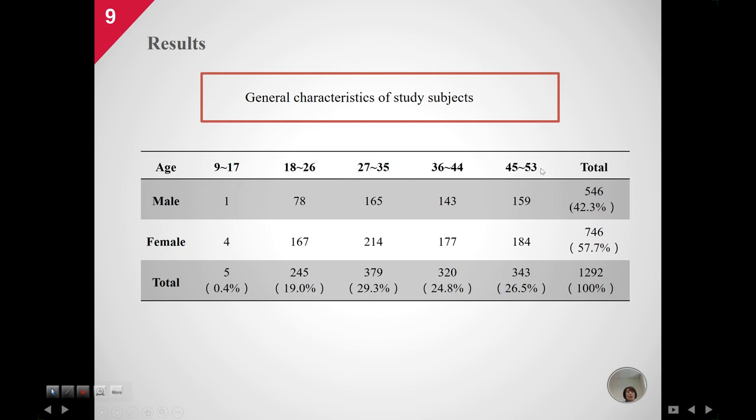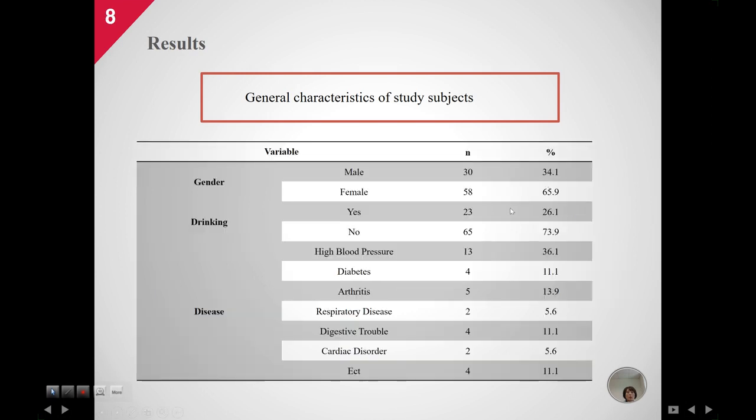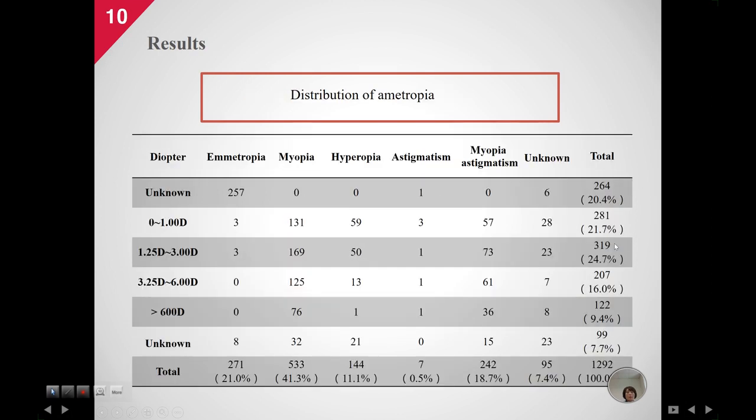So we classified them into 5 groups. Maybe I think this is a little bit wrong in the text sections. Sorry for that. And the second table shows the distribution of ametropia, which means it's not so good for vision. Emmetropia is the good vision.